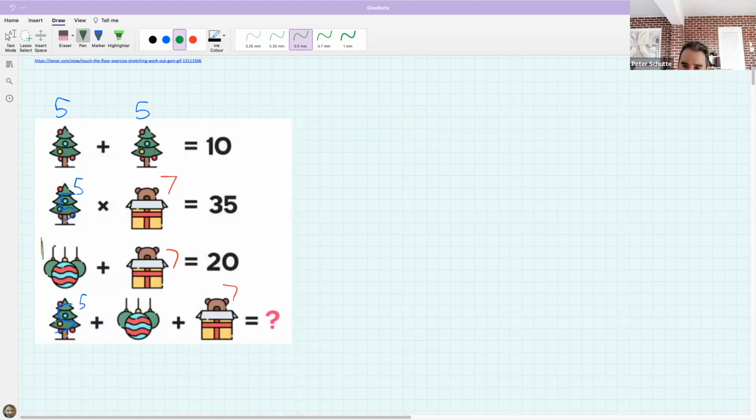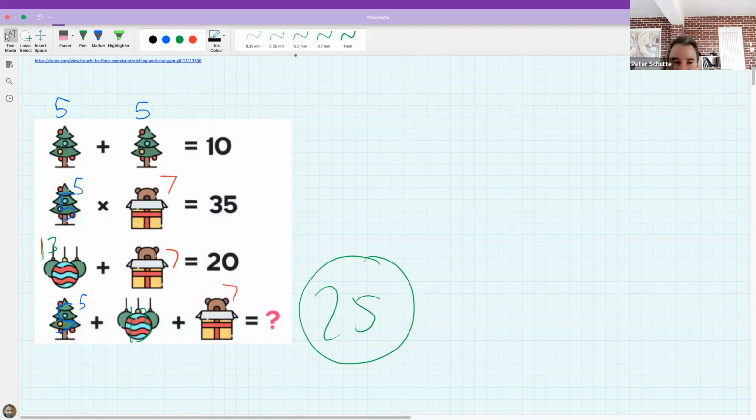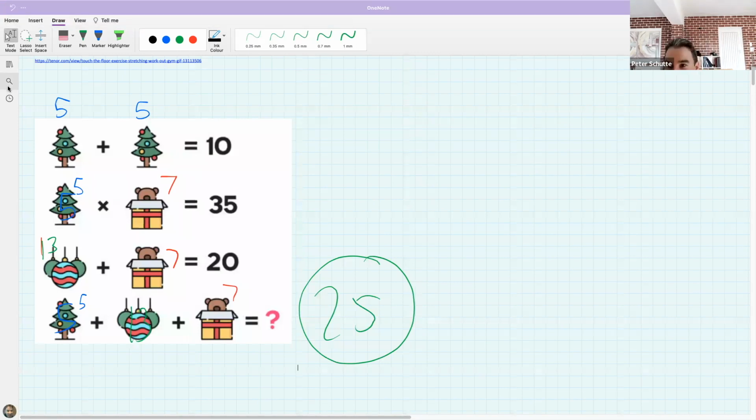Oh, I see 25 coming in. I suspect that's the 13. Yes, so 13 plus 7 gives you 20. And so I've satisfied all of those. And then it's plus, plus, plus. And so the correct answer is 25. Well done. Awesome stuff, guys. So these are actually simultaneous equations, and they're not so bad.